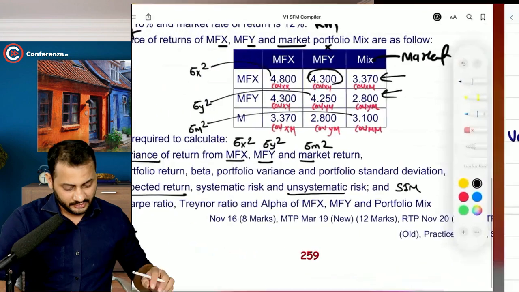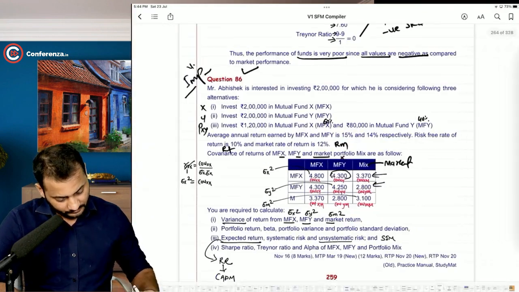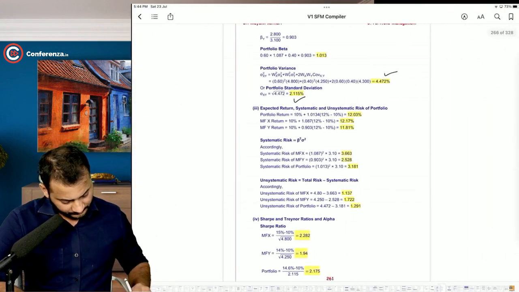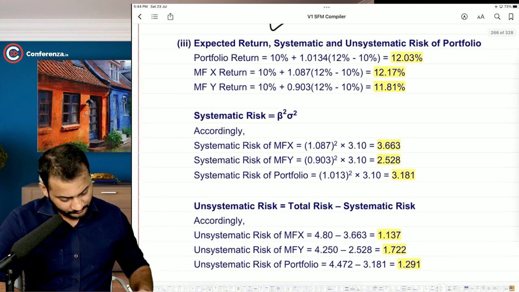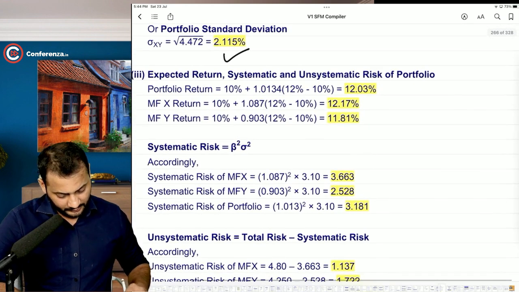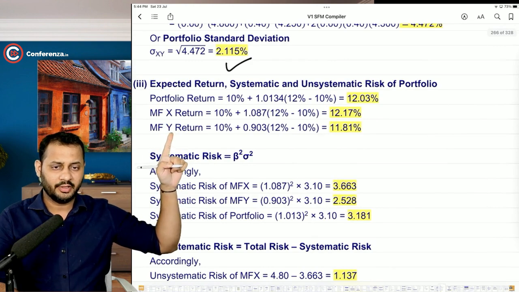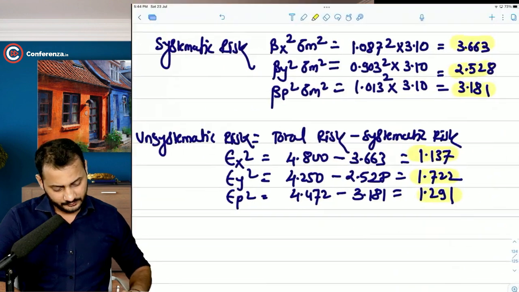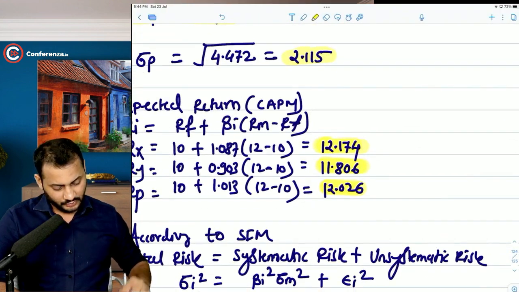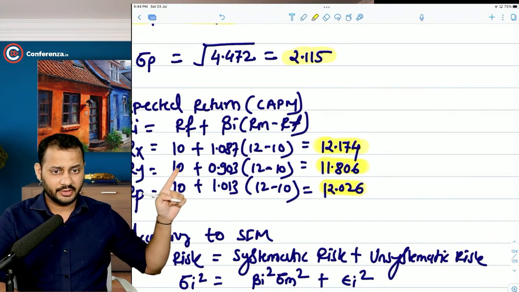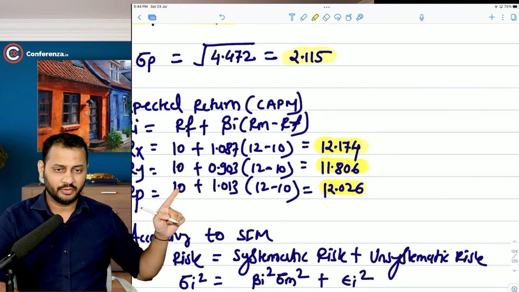Let's check that in our working. First of all, expected return 12.17, 11.81 and 12.03 in 2 digits.